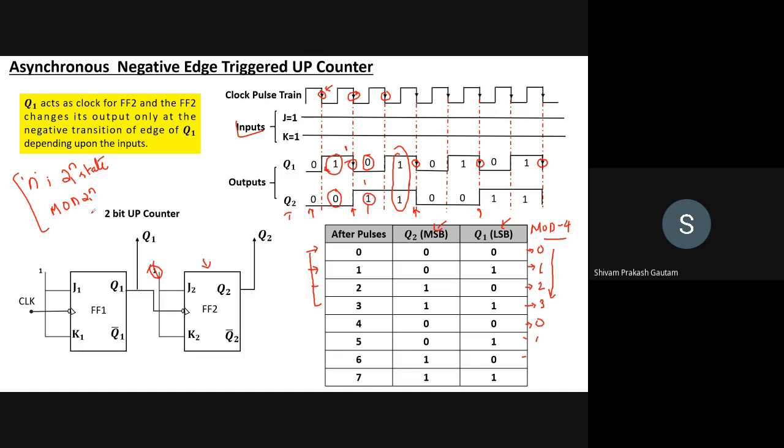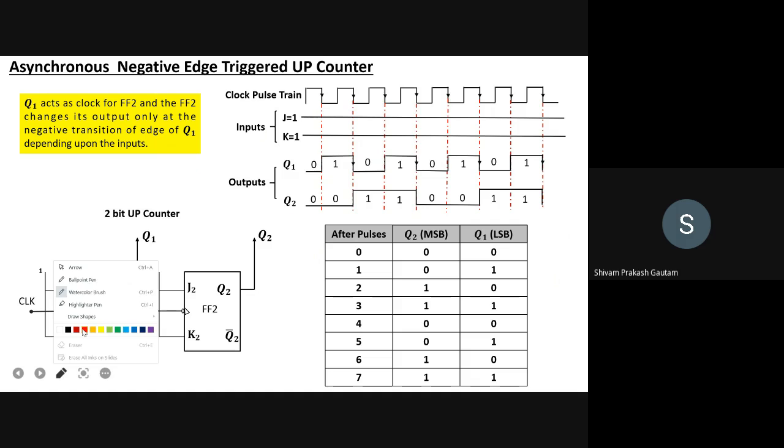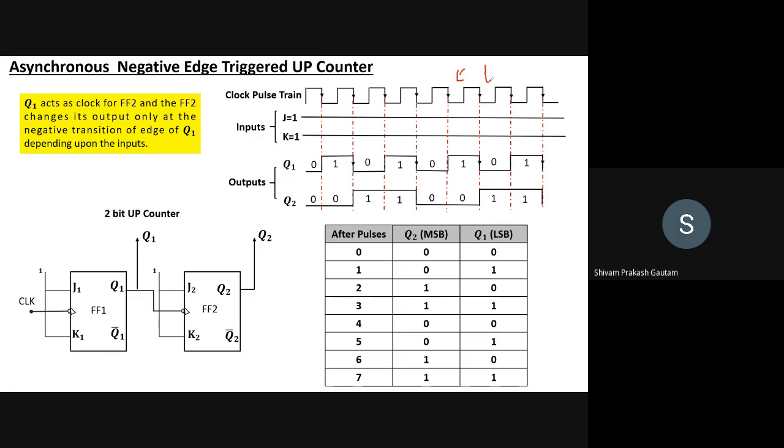Okay, so now one more thing that we have seen is when you observe the frequency of the clock. Let us say the frequency of the clock is f, then the frequency of the output of Q1 will become f by 2. You can see, from here to here, this is one time period.